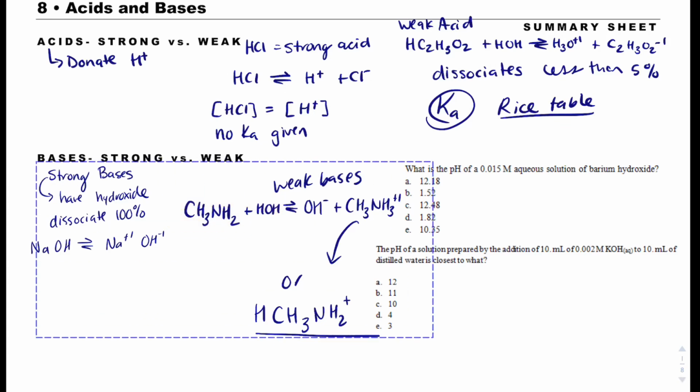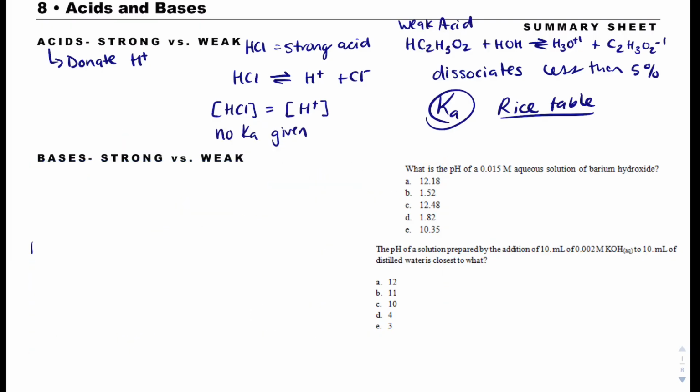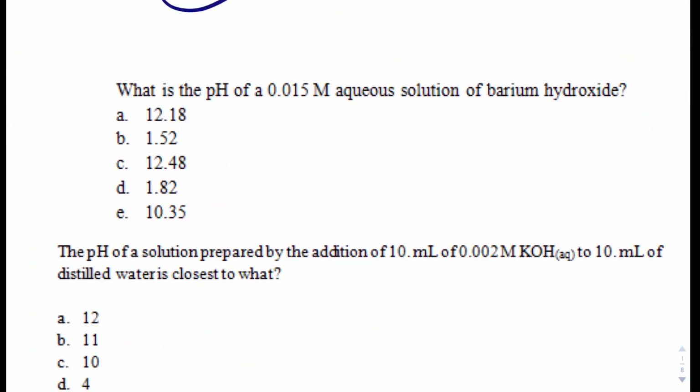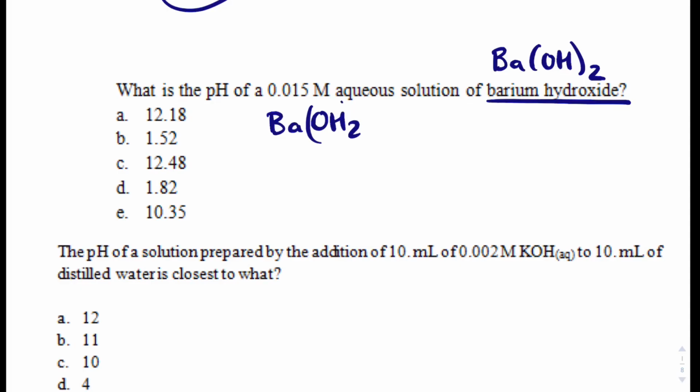Now, let's solve some multiple choice questions that I've chosen just because they're a little bit tricky. It says, what is the pH of a 0.015 molar solution of barium hydroxide? So that's going to be a strong base, but we've got to remember that barium hydroxide is really Ba(OH)2, and so it'll dissociate 100% into barium ions plus 2 hydroxide ions.